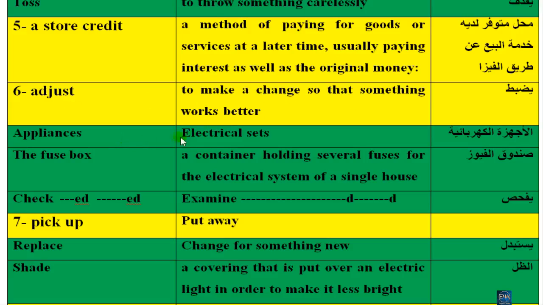Appliances, electrical sets. The fuse box, a container holding several fuses for the electrical system of a single house.